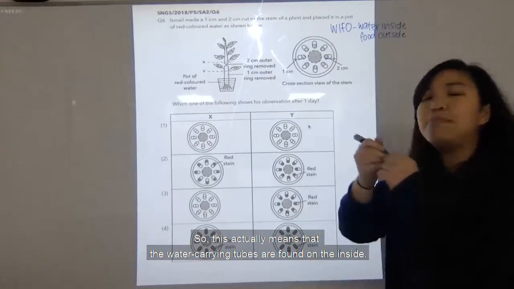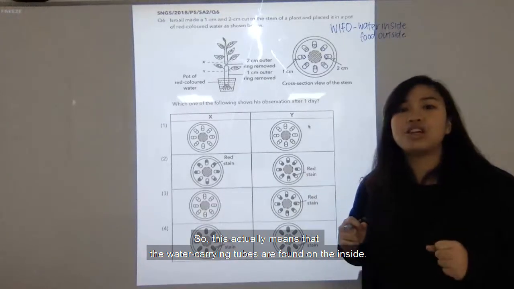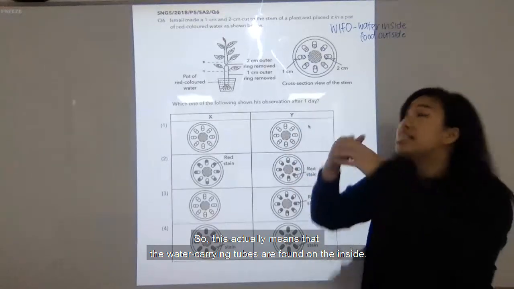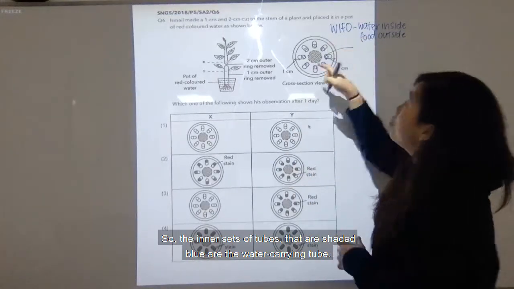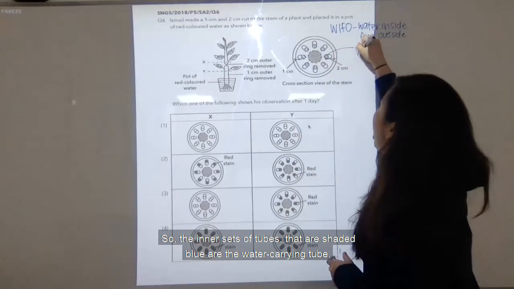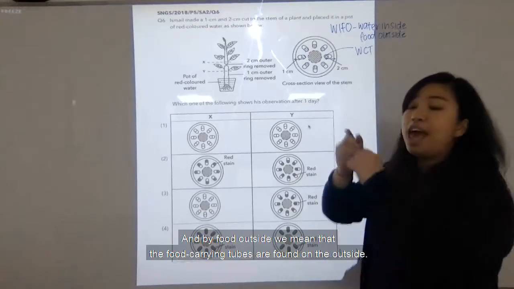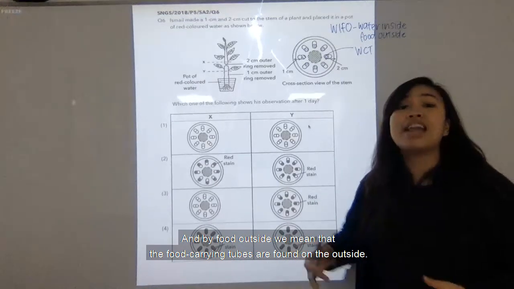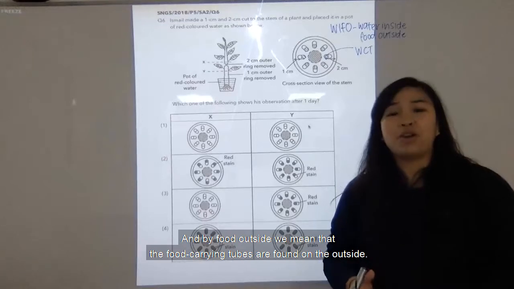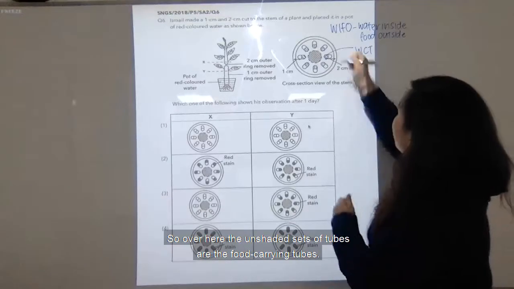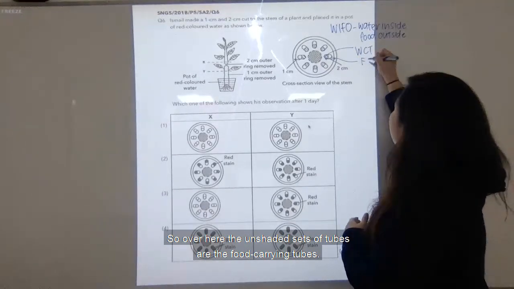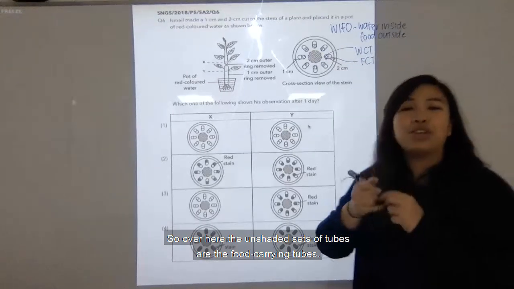So this actually means that the water carrying tubes are found on the inside. So the inner sets of tubes that are shaded blue are the water carrying tube. And by food outside, we mean that the food carrying tubes are found on the outside. So over here, the unshaded sets of tubes are the food carrying tubes.